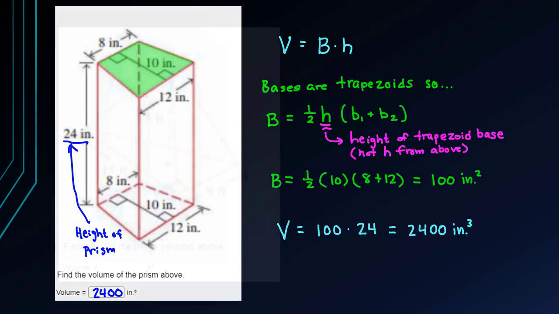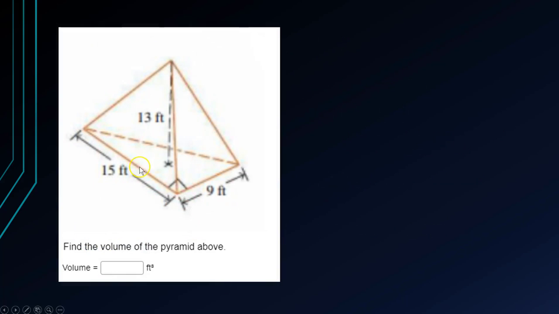For the next one, you're given a triangular-based pyramid. And this triangular base happens to be a right triangle. To figure out the volume, I'm going to do 1/3 times the area of the base times the height.